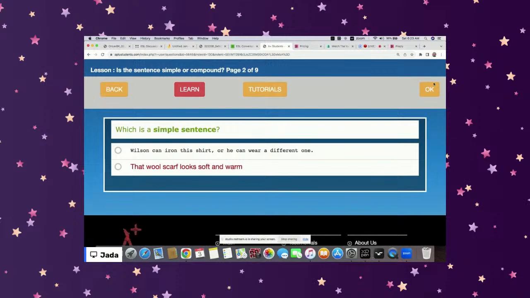Which is a simple sentence, everyone? Is it the first one or the second one?